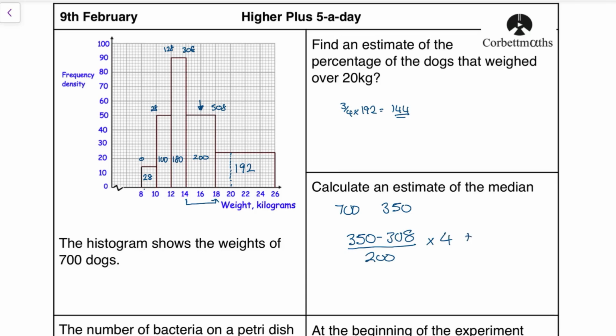I need to add on the initial 14. So this is the amount I'm adding on, and this is my starting point. If I get my calculator out, I do this carefully: 350 minus 308, divide all that by 200, times that by 4, and then add 14, and I get 14.84 kilograms.